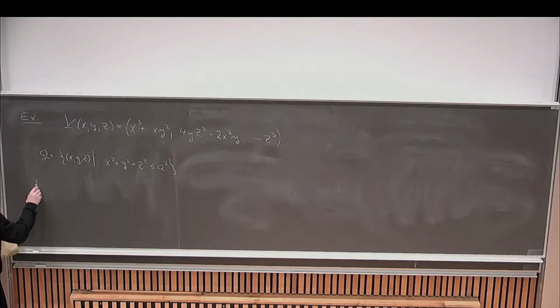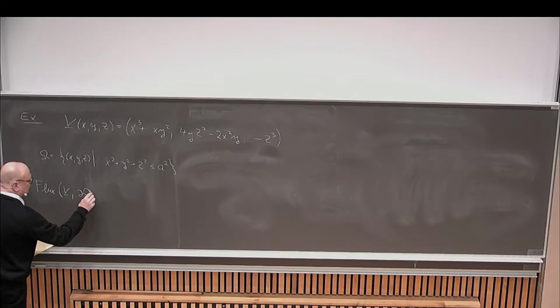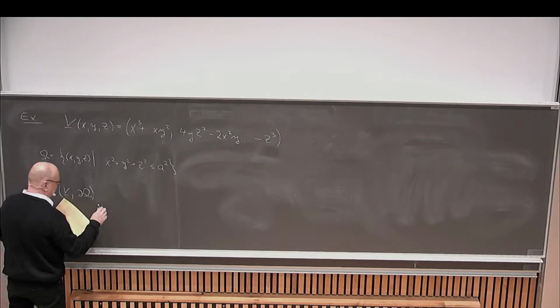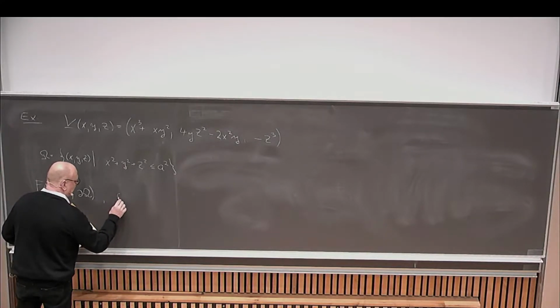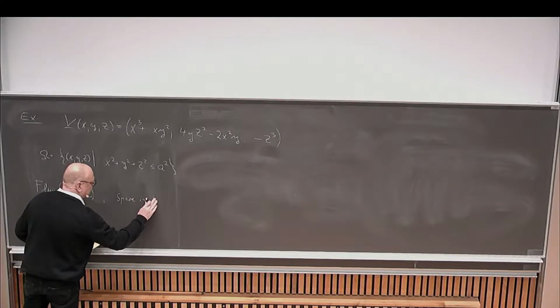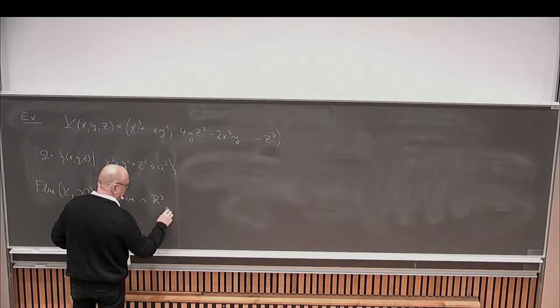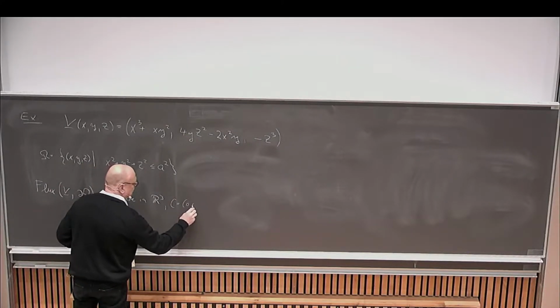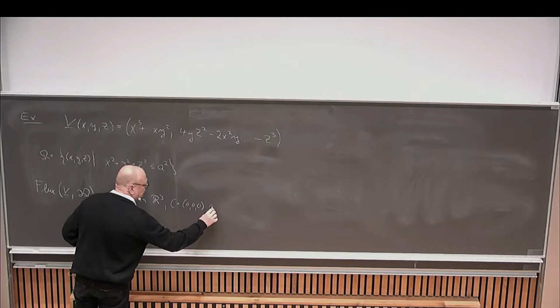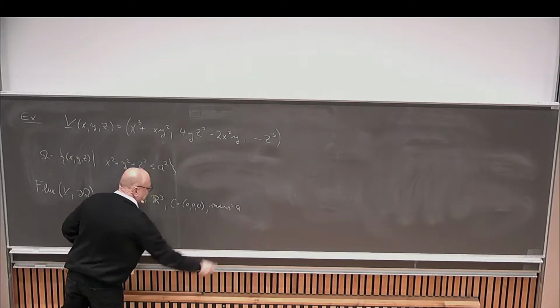And we want to calculate the flux of the vector field out of the boundary of the sphere. So it's right here. It's a sphere in R3, and its center is at the origin, and the radius is equal to a.